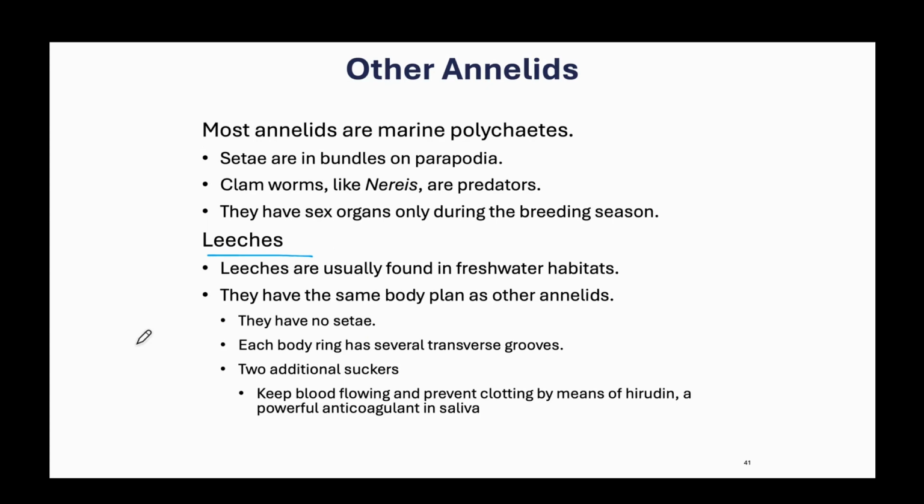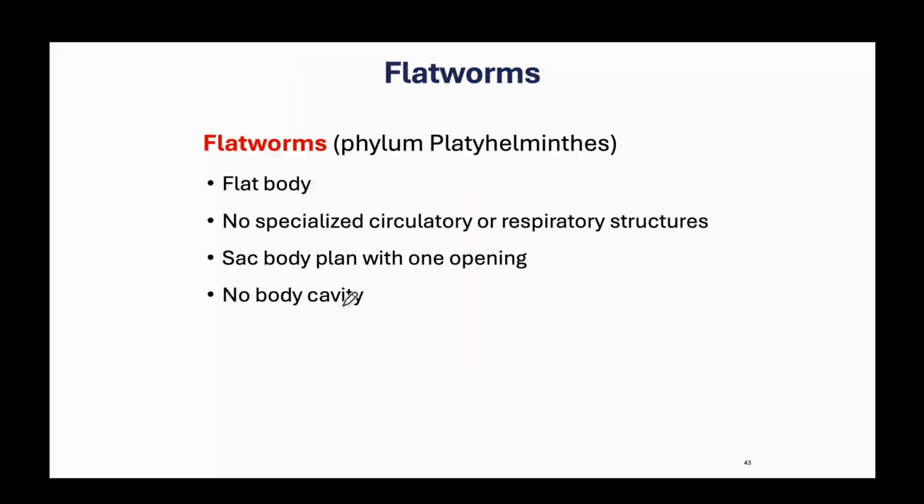Flatworms are going to be in the phylum of platyhelminths. Platyhelminths is your phylum name, and they are known as your flatworms. They have a very flat body, just like the name says. You need to note that they have no specialized circulatory or respiratory structures.